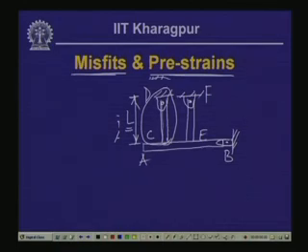As a result, if we like to fit that longer bar in the whole system, what we need to do is stretch this whole assembly, fit the bar CD in its position and release this force. So, the whole assembly, the bar EF, bar AB, will be subjected to some amount of strain, and there will be stresses induced in the bars.